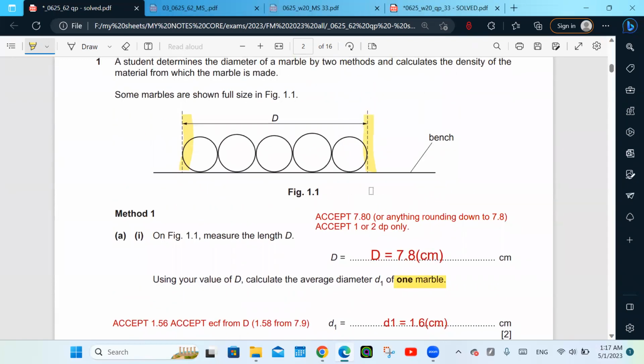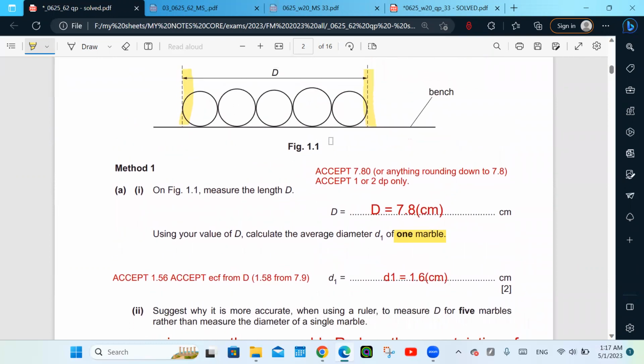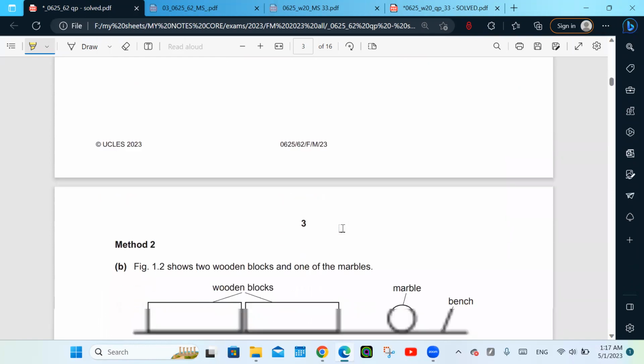In practical experiments, when you use more than one marble, you distribute the error, or you decrease the sources which may cause uncertainty in your result. So using 5 marbles in this method will reduce the uncertainties of the value you will get at the end of your reading.